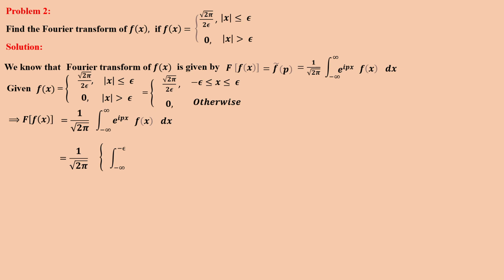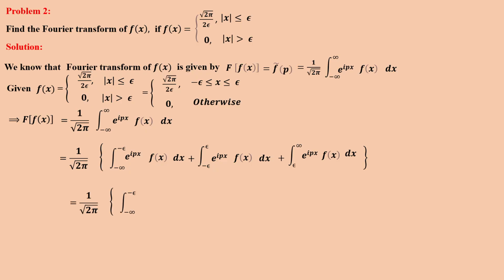Because f of x has a value only in the interval minus epsilon to plus epsilon. That is why we are splitting. So my integral from minus infinity to minus epsilon e power i p x f of x dx, plus integral from minus epsilon to plus epsilon e power i p x f of x dx, plus epsilon to infinity e power i p x f of x dx, which is equal to 1 by root 2 pi.